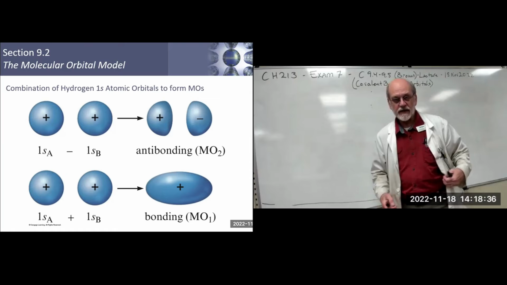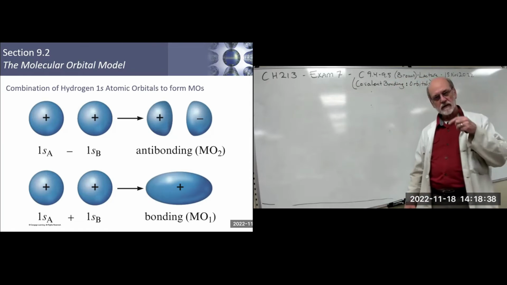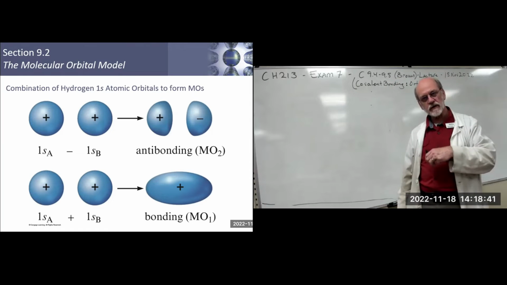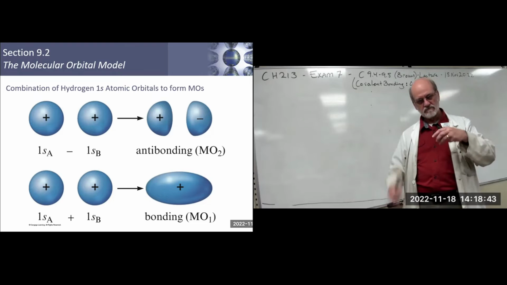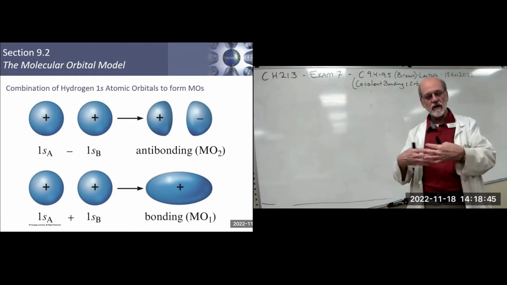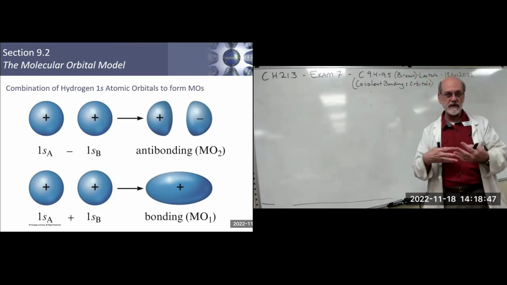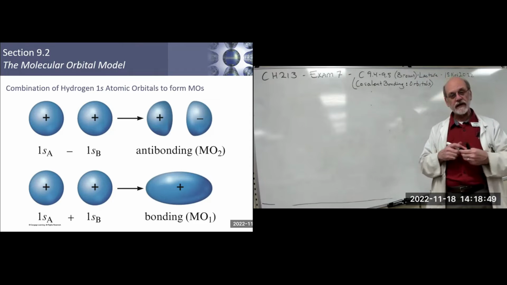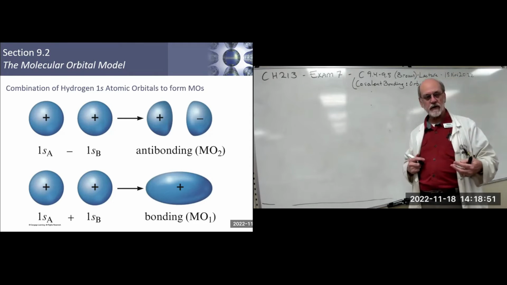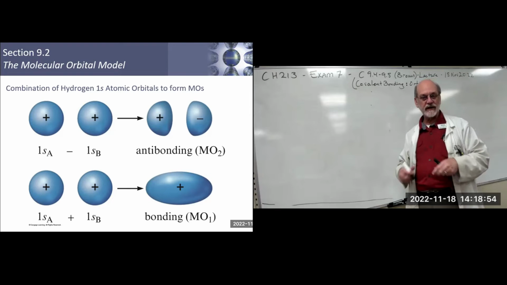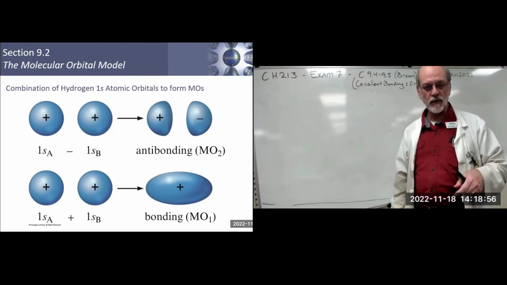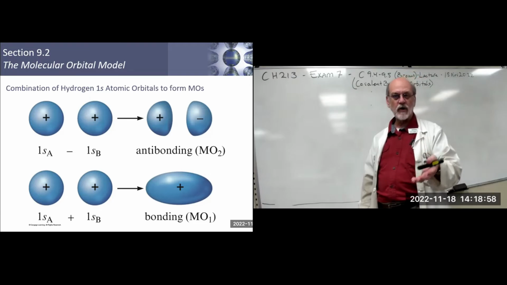The way we do that is we impose constructive and destructive interference on that mixing, that combination of wave functions for each of the atomic orbitals. If we get constructive interference, we form what's called a bonding orbital, a bonding molecular orbital, which here is designated MO sub 1.